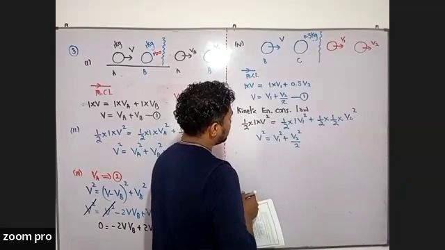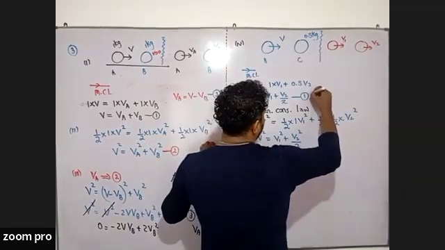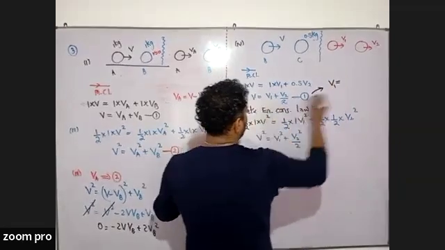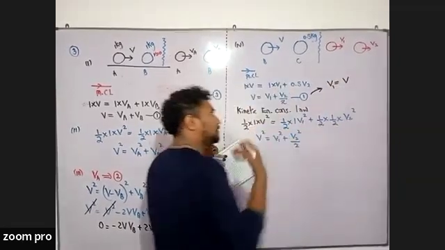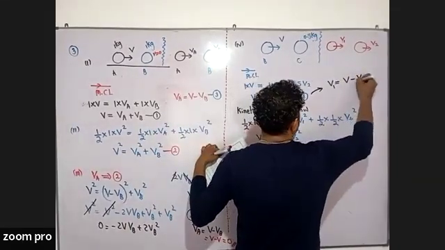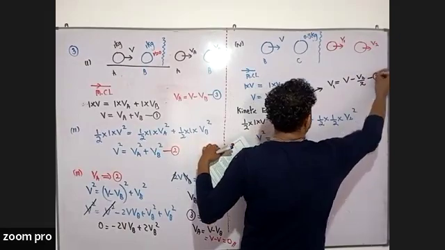Let's consider an equation for V1 using the first equation. If I make V1 the subject, it can be written as V minus V2 over 2. Let's consider this one as the third one.